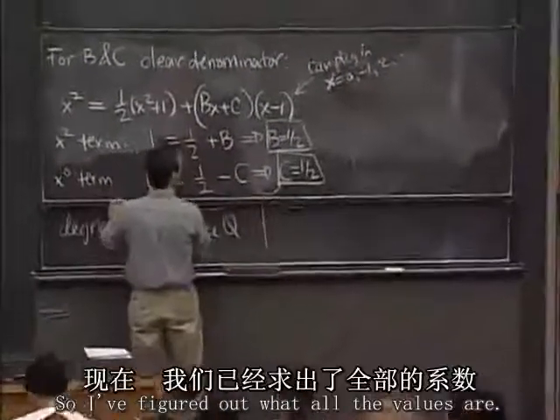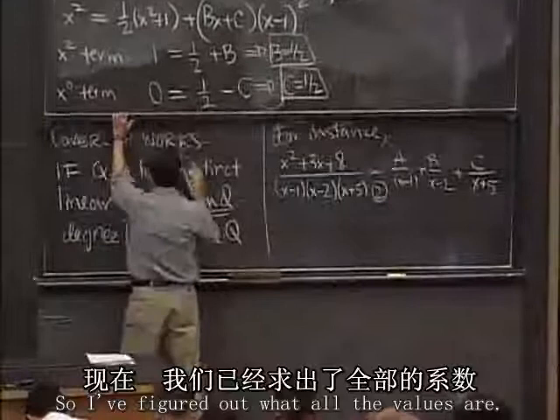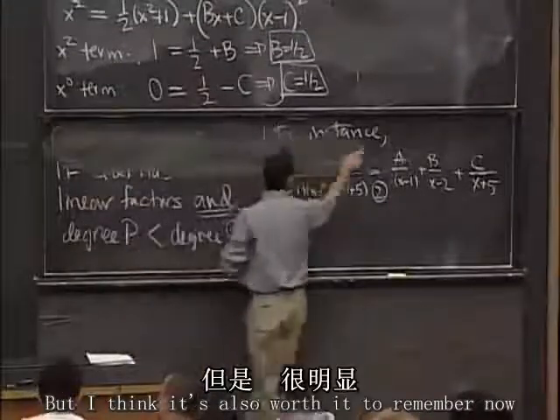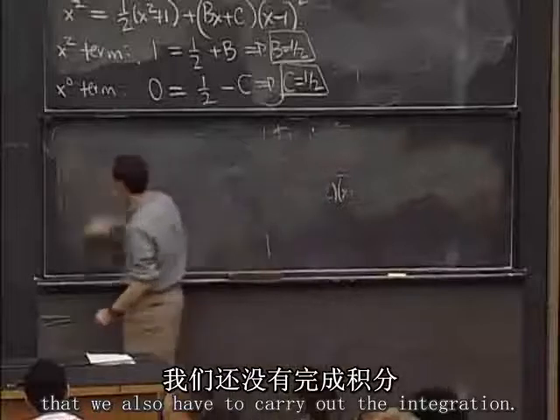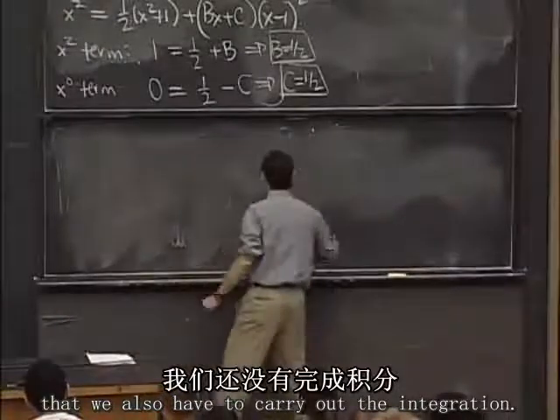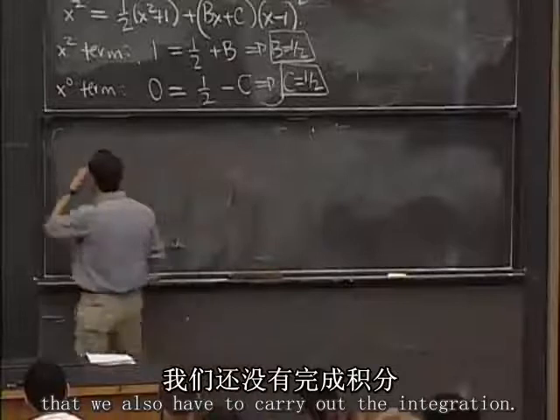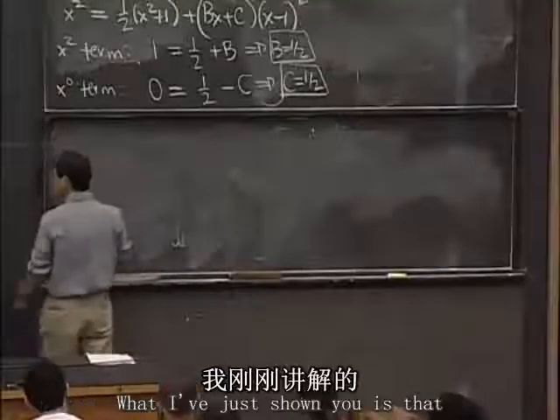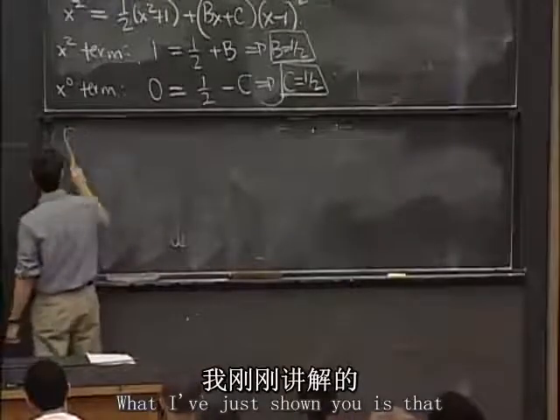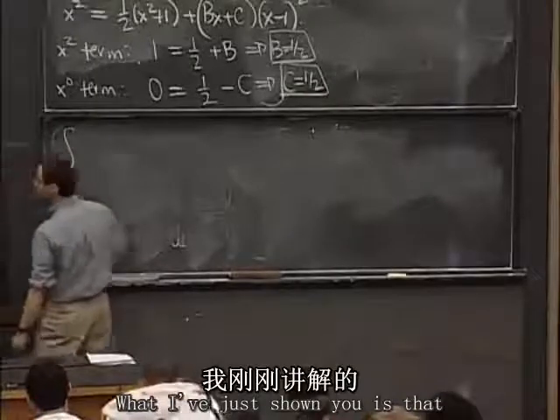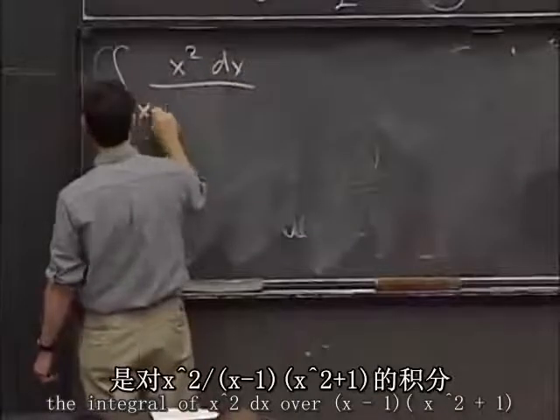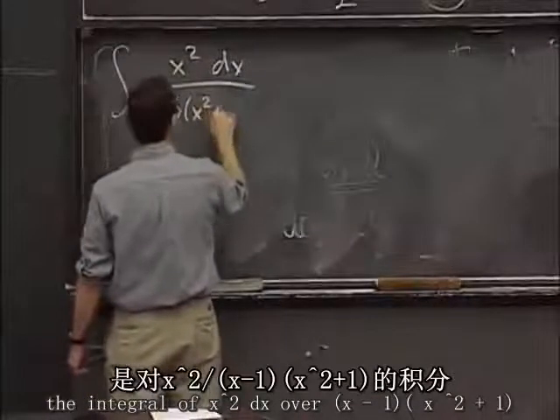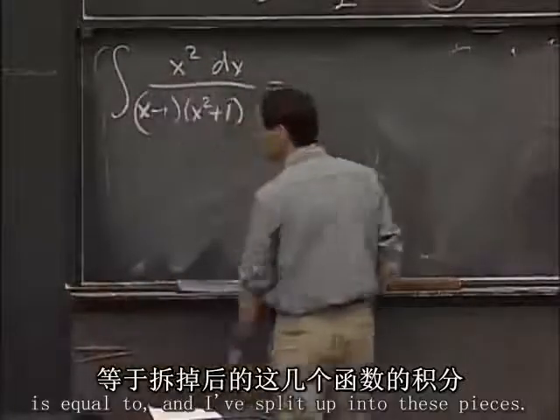So I figured out what all the values are, but I think it's also worth remembering now that we also have to carry out the integration. What I've just shown you is that the integral of x squared dx over x minus 1 times x squared plus 1 is equal to, and I've split it up into these pieces.